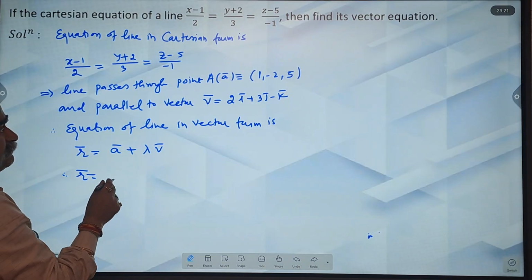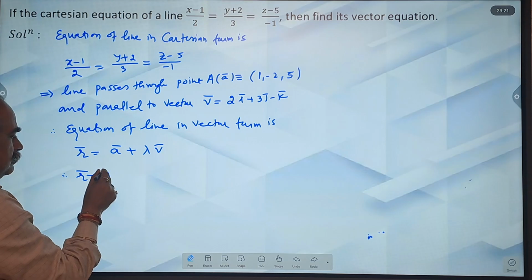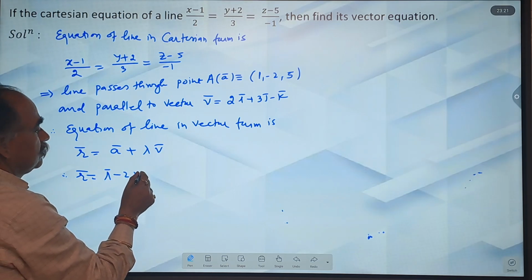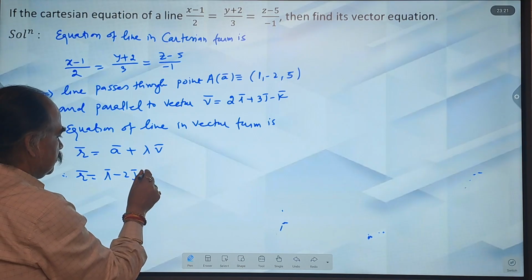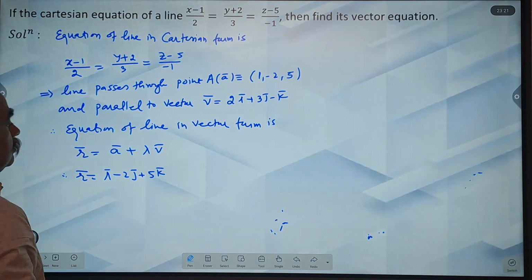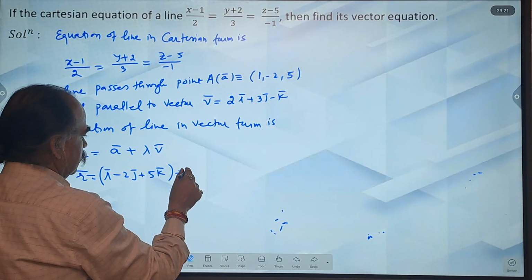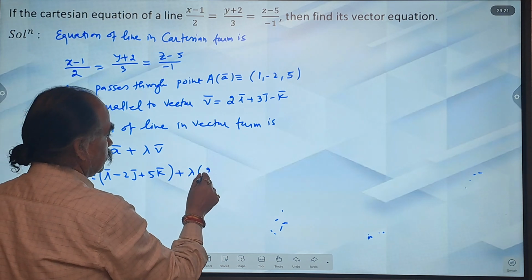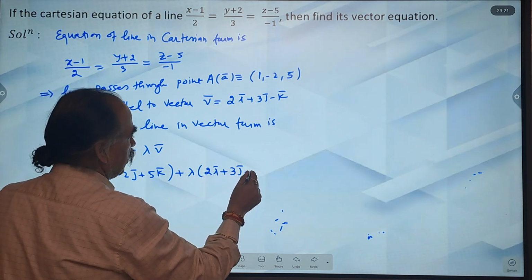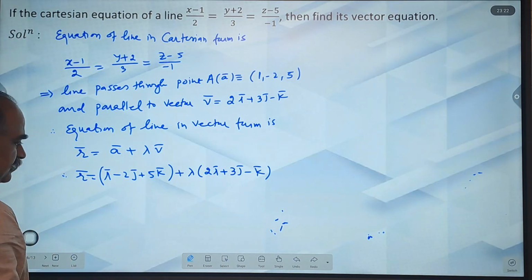A bar is i minus 2j plus 5k, plus lambda into 2i plus 3j minus k, is the equation of line in vector form.